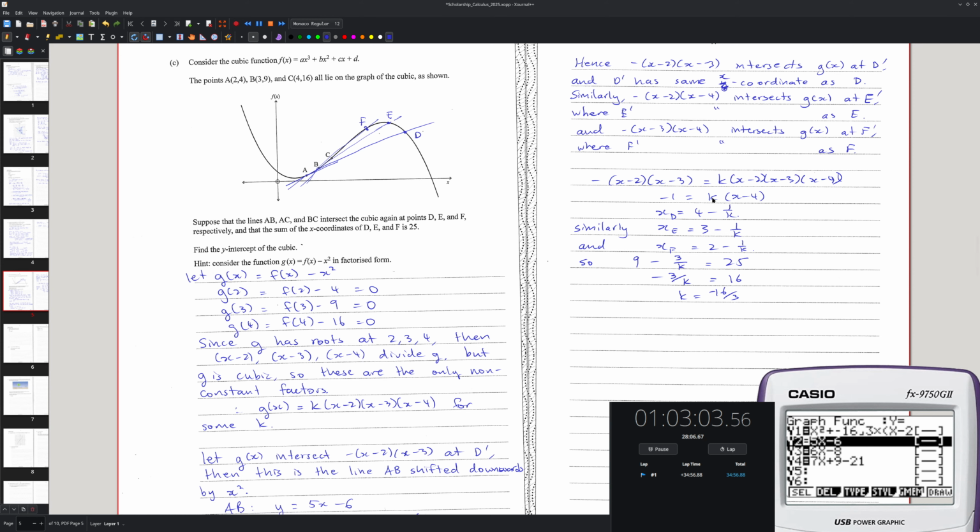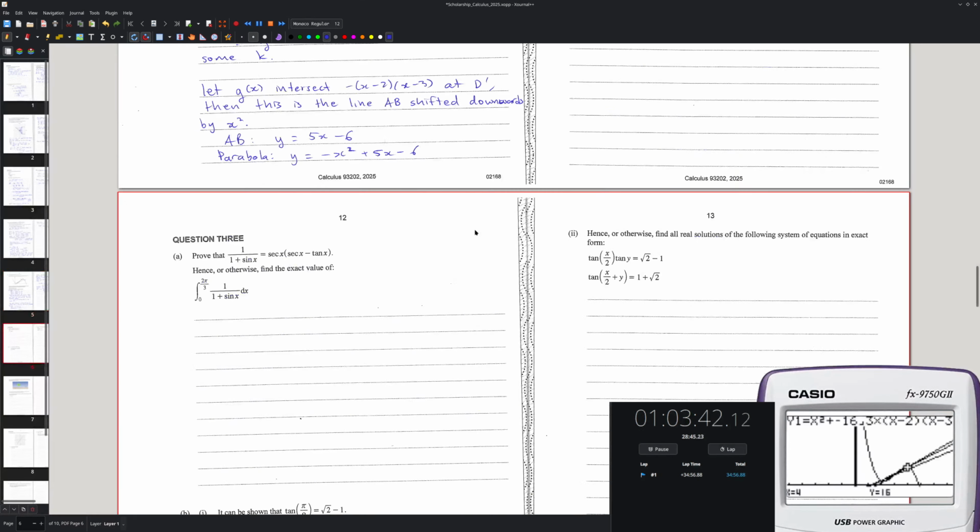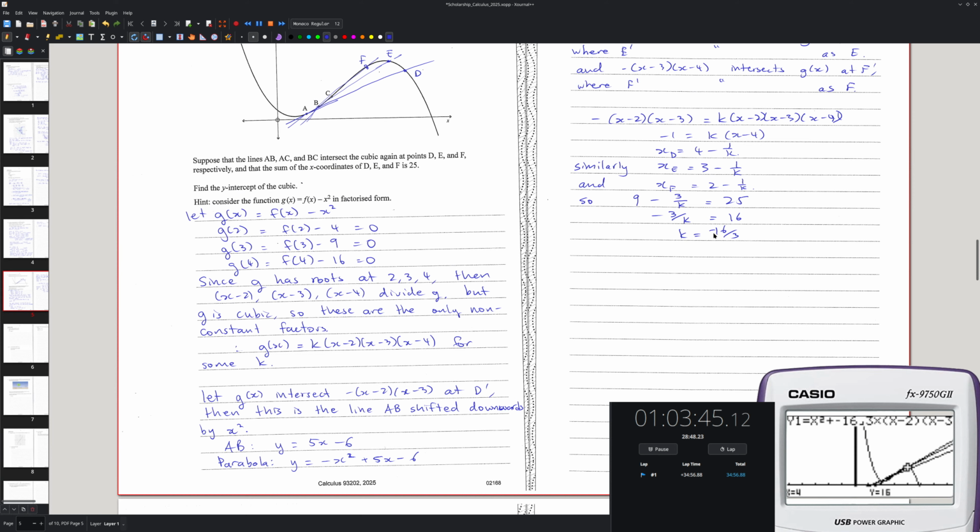Wait, because this should definitely just work. The only problem is that this is not like two. This is all correct, right? The only problem is that the intersection is wrong, which I guess is a pretty big problem.